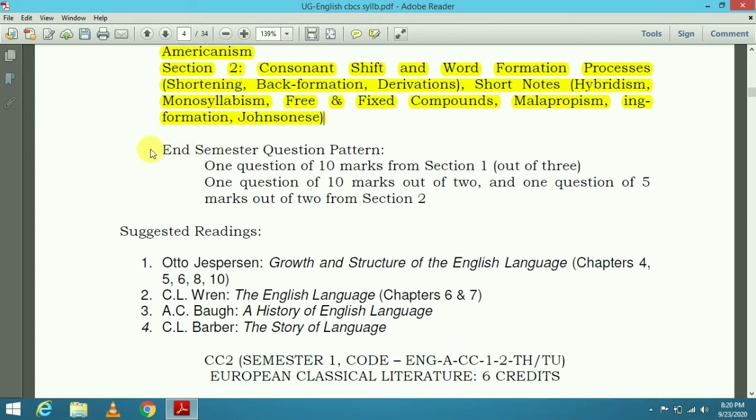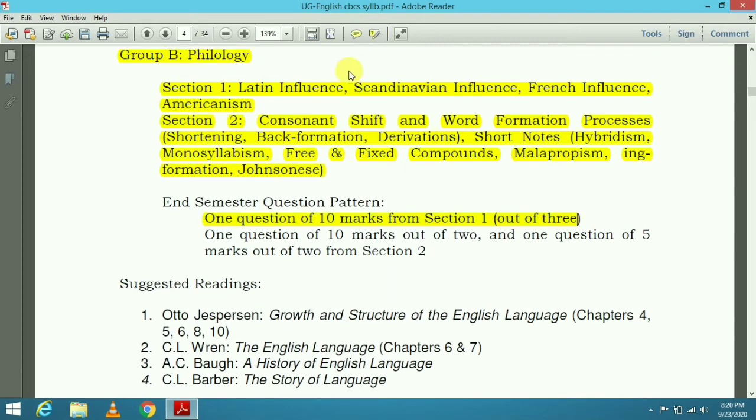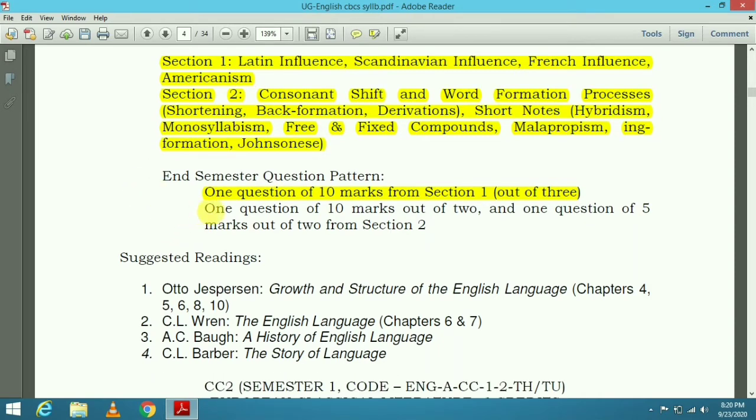And here the end semester question, please look at it. One question of 10 marks from section 1 out of 3. In this section 1, there will be 3 questions, and out of these 3 you have to attend only one, which is 10 marks. One question of 10 marks out of 2, and one question of 5 marks out of 2 from section 2.